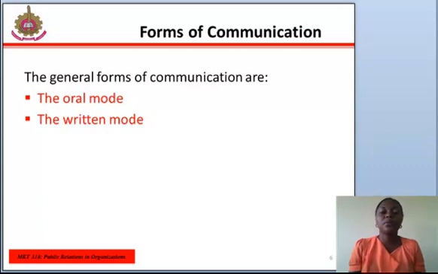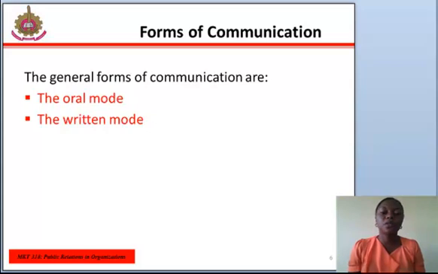Telephone conversations and radio, as well as the TV broadcast. Also, we have instructional communication at lectures, demonstrations, and group discussions of various kinds. Another form of the oral mode is the interactions at interviews of various kinds and the presentation of proposals for supply of commodities and the offer of service.